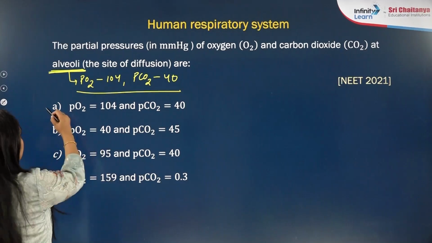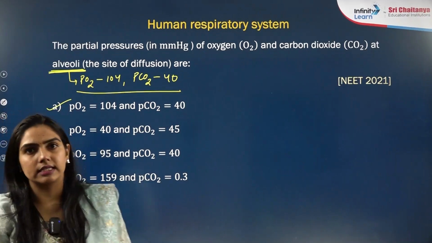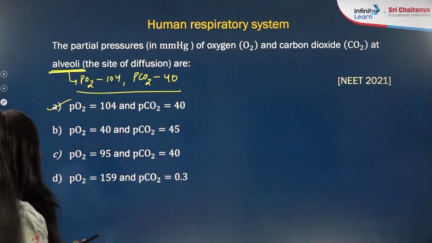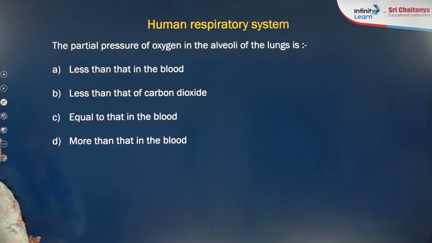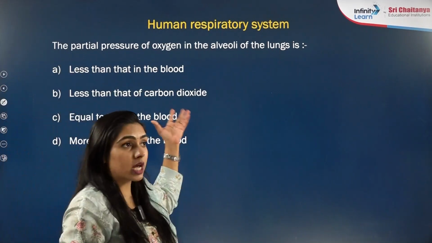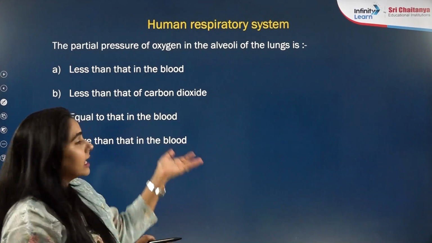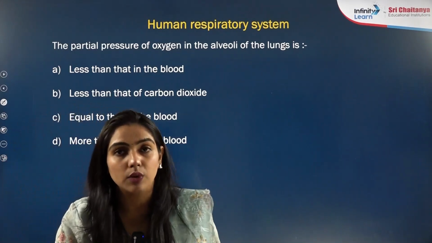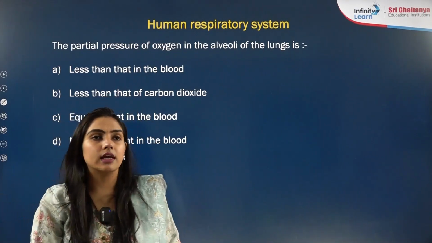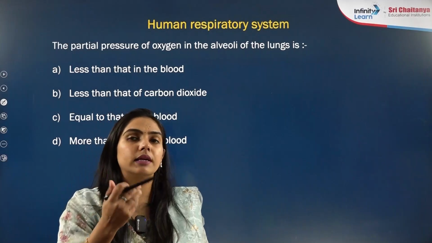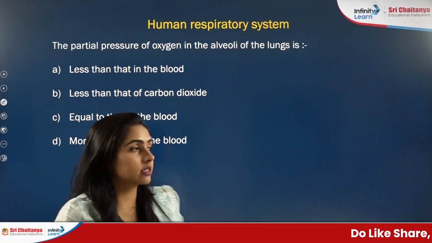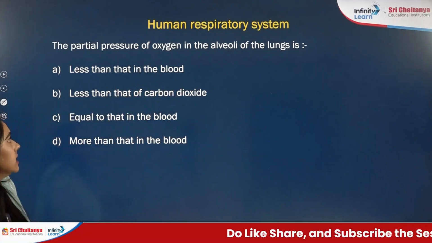Yes or no? Directly from the table this question has come in the previous year, right? Another question we can discuss, such type of question can also come, right? Statement based. They will not directly ask you the partial pressure value. They will make some statements. Sometimes they will ask which statement is correct or which statement is incorrect. Sometimes they will directly ask like this.